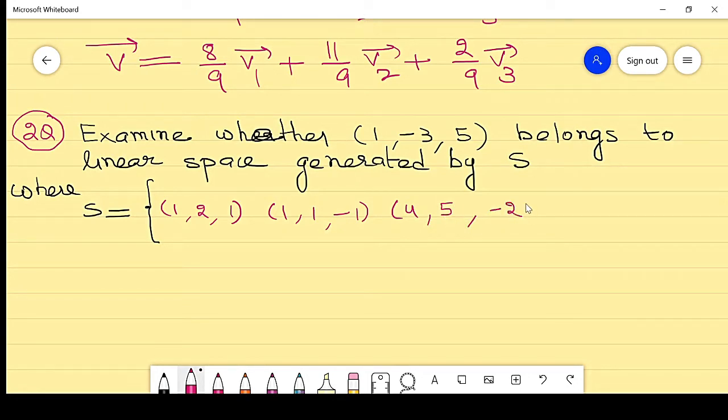So this is the set S. We need to check whether it is generated by S or not.